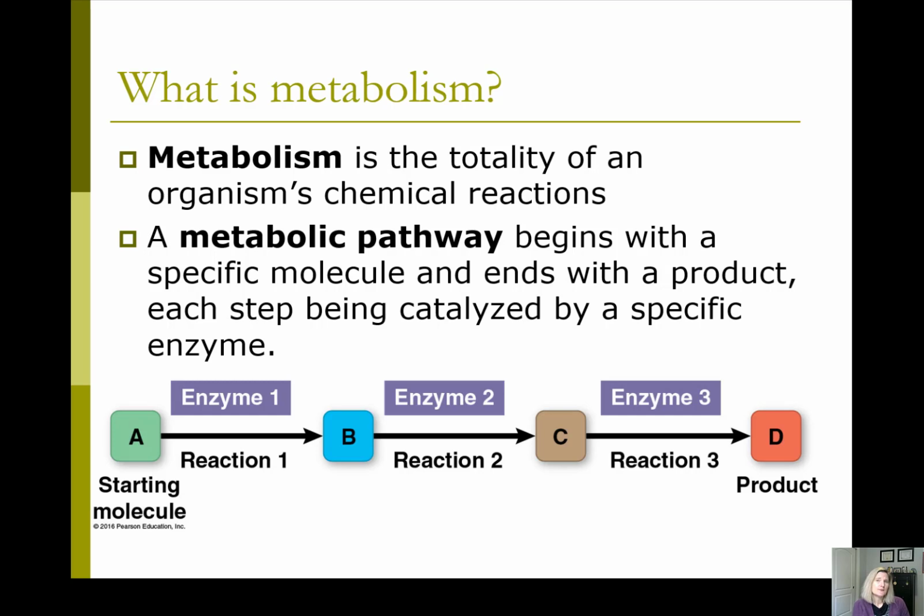Metabolism is basically just the sum of all the chemical reactions that are occurring inside your body. You might think of a child as having a very fast metabolism, which makes sense because they're having all sorts of chemical reactions occurring inside their bodies in order to grow, right?